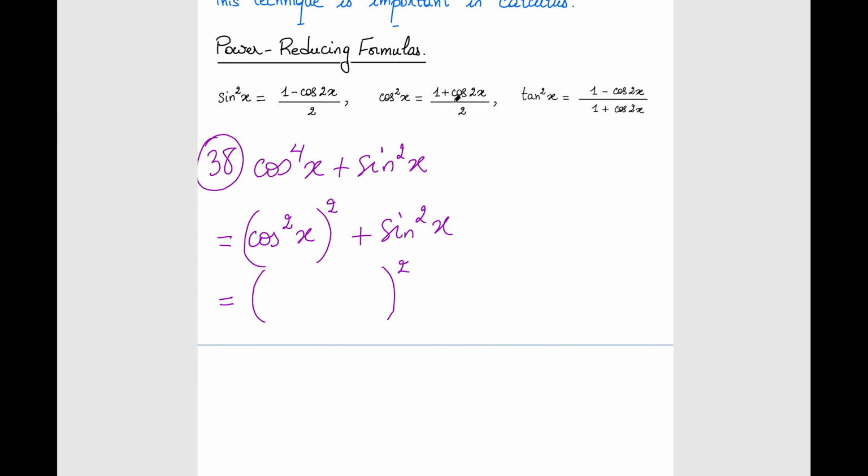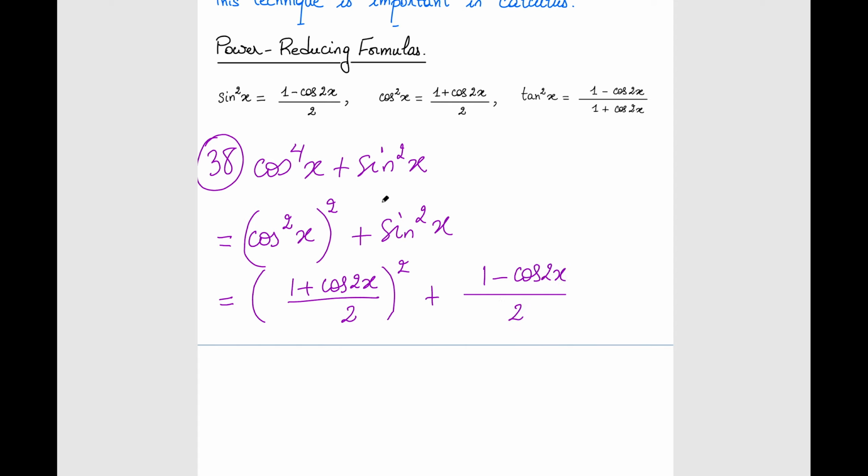It's 1 plus cosine twice x, divided by 2, plus, which plus I'm talking about? It's this plus the square of sine x. And in terms of cosine, the first power of cosine, sine squared is going to be 1 minus cosine 2x divided by 2.